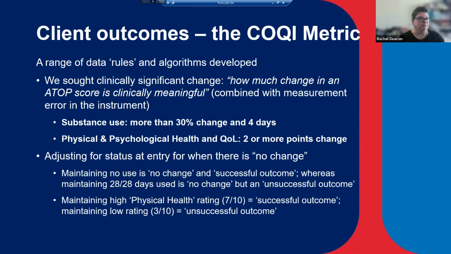So for those clients where there's no or low use, maintaining no or low use in the Koki metric is assigned a successful outcome. Whereas if someone doesn't change, but they started on high use, that is an unsuccessful outcome. Similarly, for physical health, psychological health, and quality of life, maintaining a high rating is good, so that's a successful outcome. Maintaining a low rating is an unsuccessful outcome.